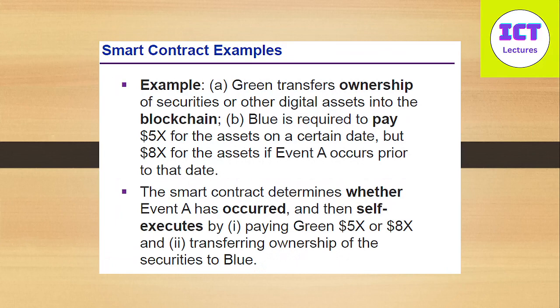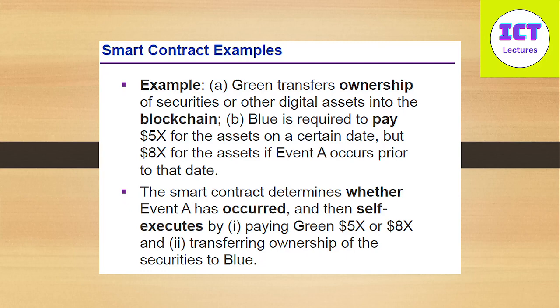I'll give an example of a smart contract as follows. Green transfers ownership of securities or other digital assets into the blockchain. Then blue is required to pay $5 US for the assets on a certain date, but $8 for the assets if event A occurs prior to that date. These are agreements, or procedures, that need to be executed.